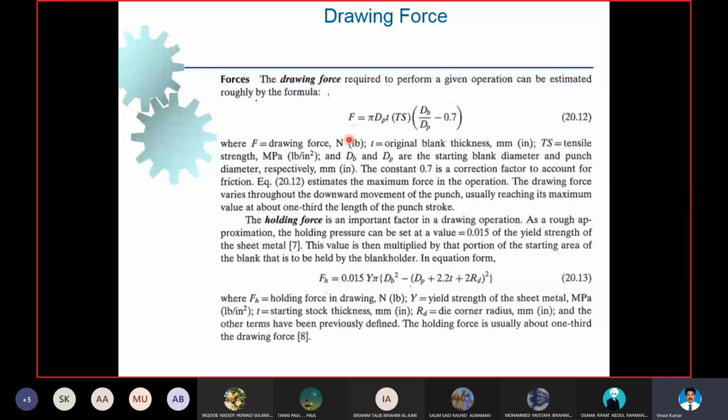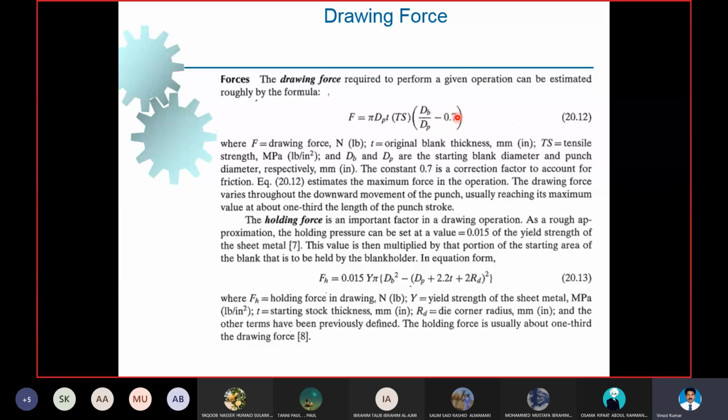The drawing force required for the drawing operation is pi dP T Ts (dB over dP minus 0.7). dP is the diameter of the punch, T is the thickness of the material, Ts is the tensile strength of the material, dB is the blank diameter. The 0.7 is a correction factor to account for friction.